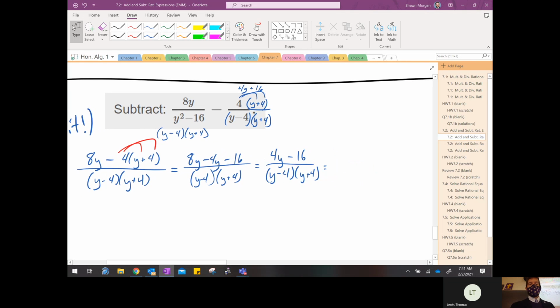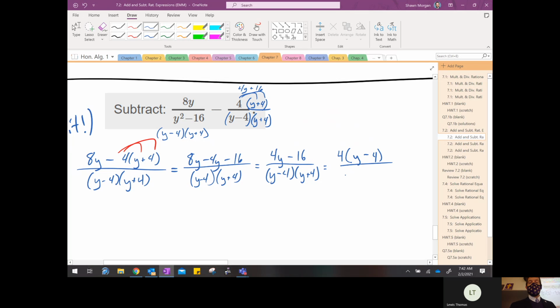GCF, what's in common? On the numerator, you think both of these terms have a y in them? We take out a 4 and we're left with what? Now you took out a 4. All right, so y minus 4.